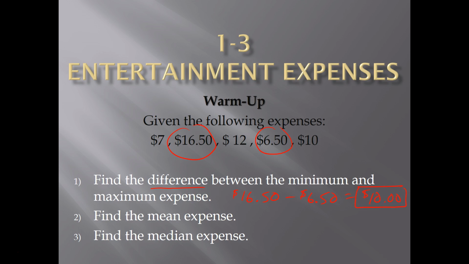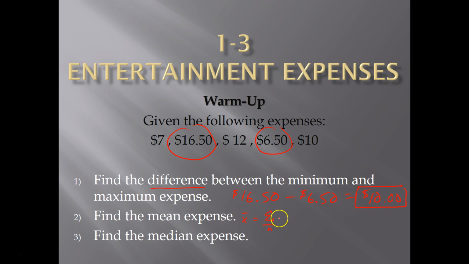The next one says to find the mean expense. When you're finding the mean, remember the symbol we use in mathematics for mean is x bar. When you find a mean, x bar, you find the sum, which we oftentimes denote with sigma, and divide by n, which is the number of values.